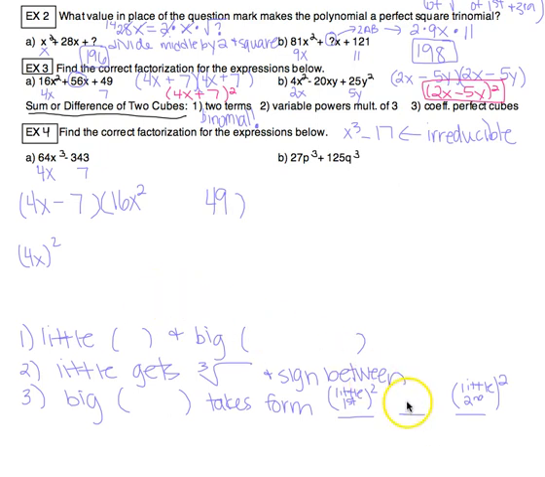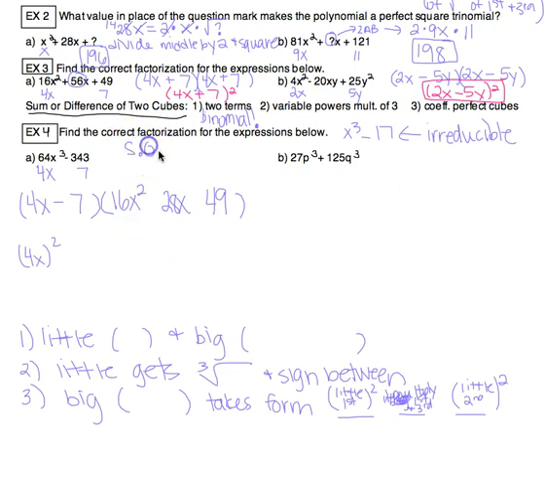In the middle, you are going to multiply the little parentheses first and second terms. Sorry, why did I say big? That should be little. So multiply 4x times 7, which is 28x. Now, it's important that you know what signs go in here.